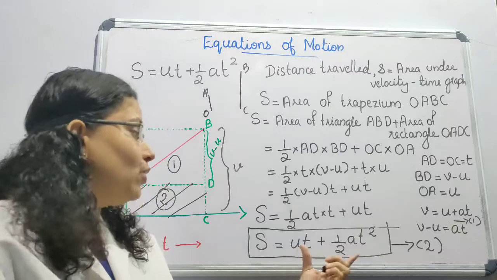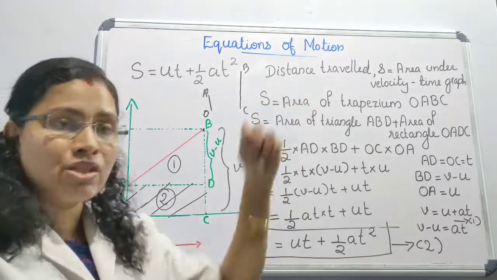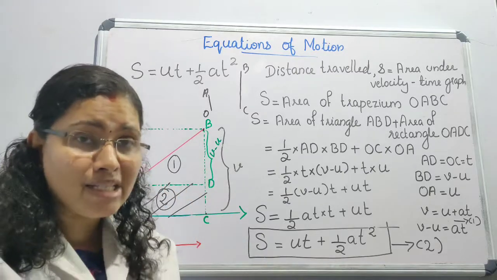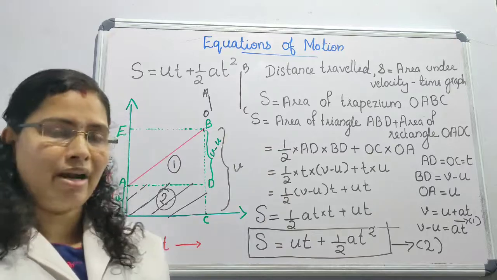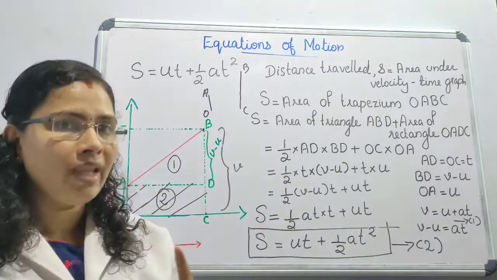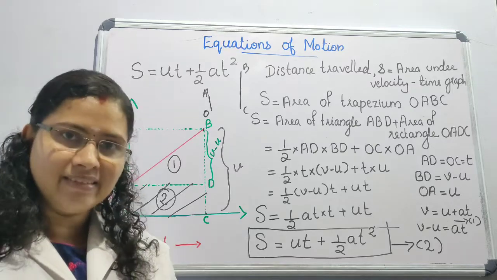S is equal to ut plus half at square. What is S here? That is the distance travelled. How do we calculate the distance travelled? It is the area under the velocity-time graph. So the equation is S is equal to ut plus half at square. Clear? Thank you.